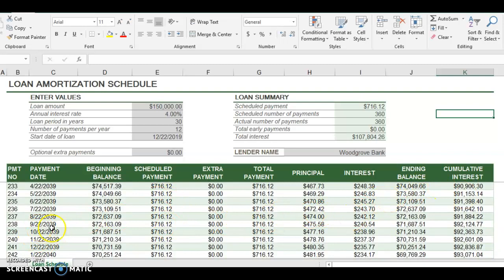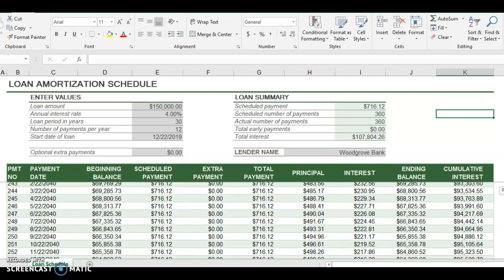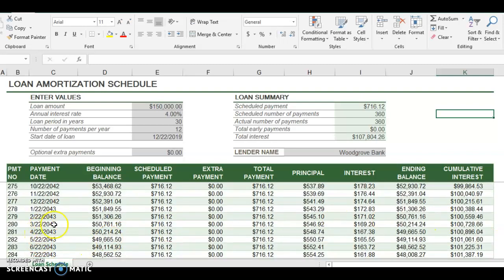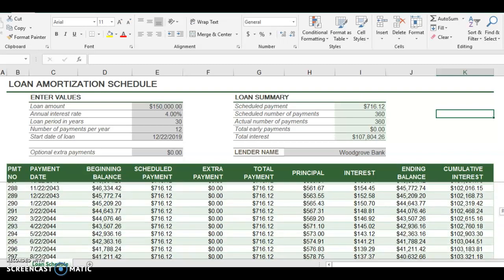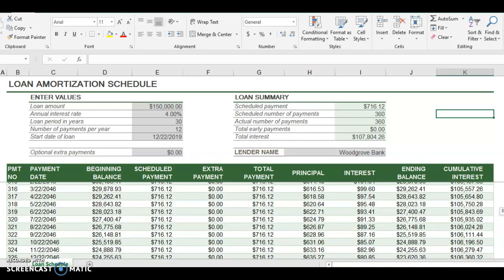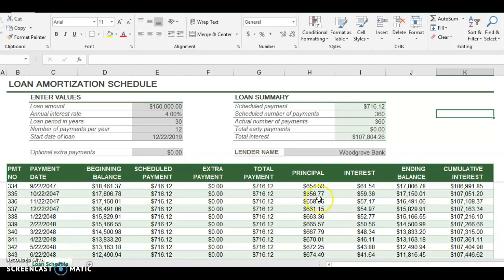Here I am in the year of 2039, and it is down to, in 2043, 141 of that 716 is interest. So I let them see that as you pay the life of the loan, the amount of principal of this money increases and the amount of interest of this payment decreases.